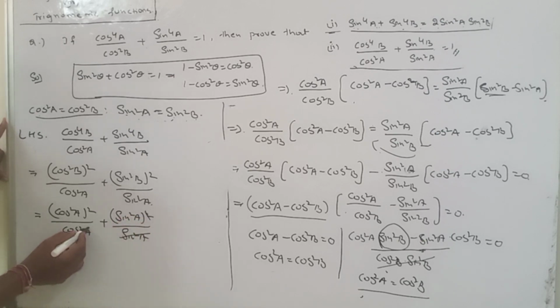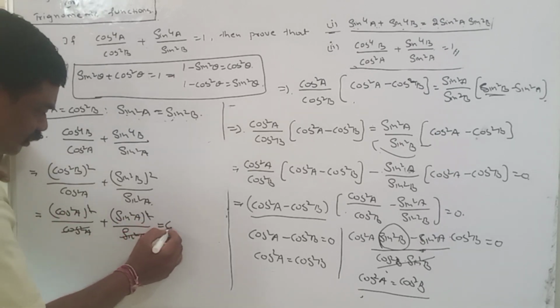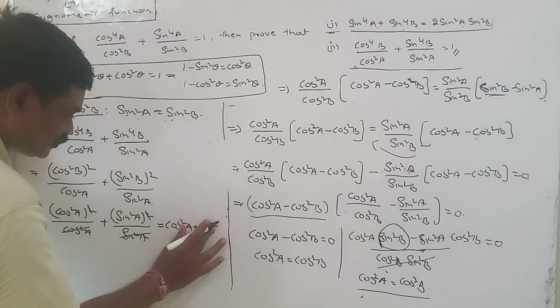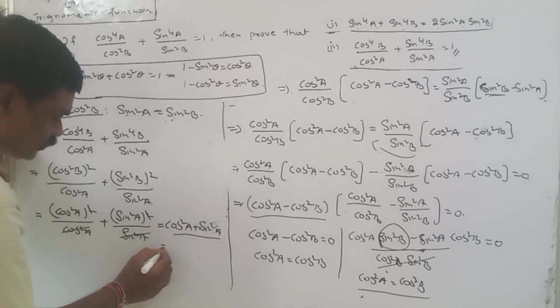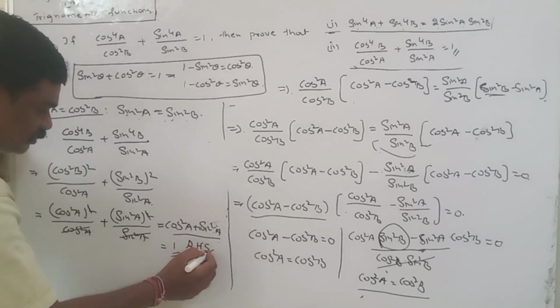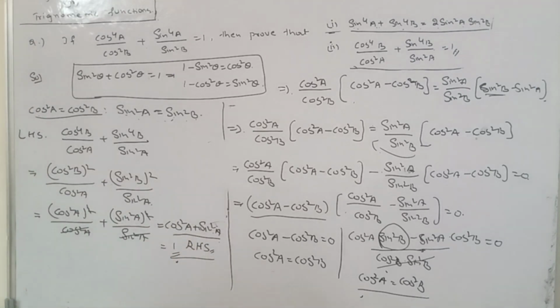This one cancels, this one cancels. We have cos²A + sin²A, which by the first trigonometric identity is equal to 1. This is the RHS. Hence the conclusion of the problem. This is the problem solving.